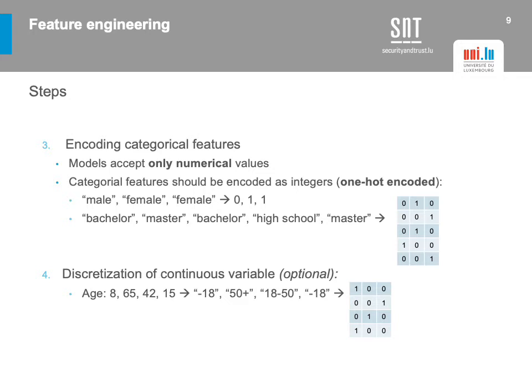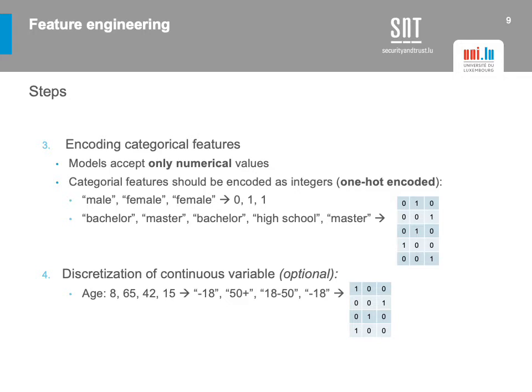So here, for example, for the diploma, we may have bachelor, master, or high school diploma. So here, what we do is that we have three values, and we transform it into three features.